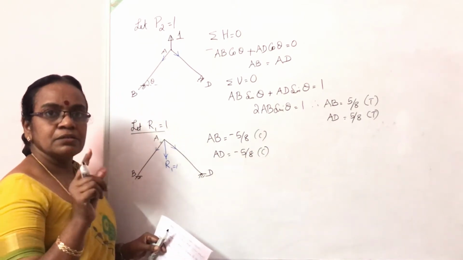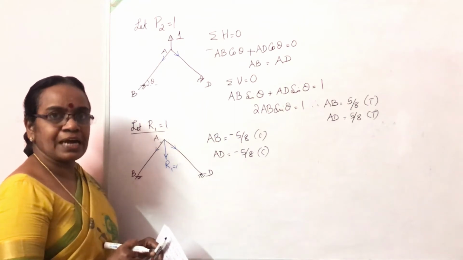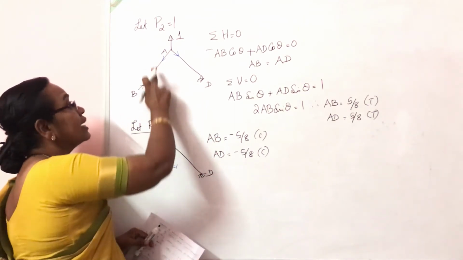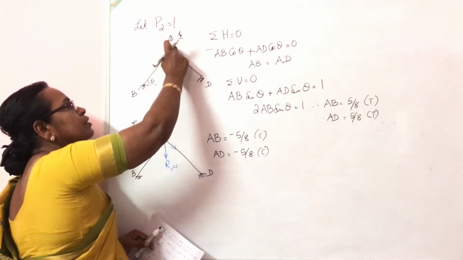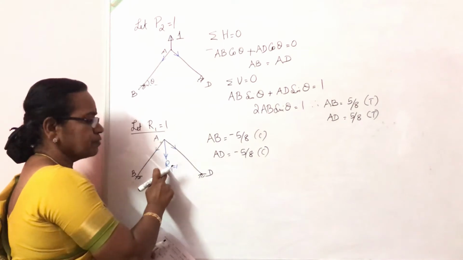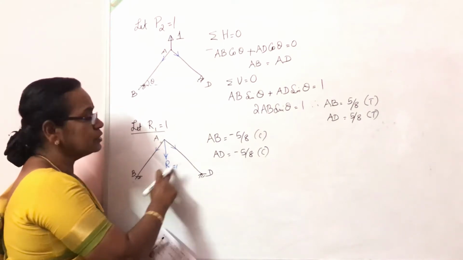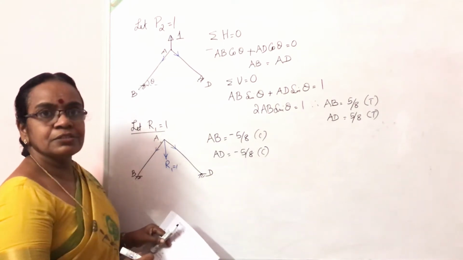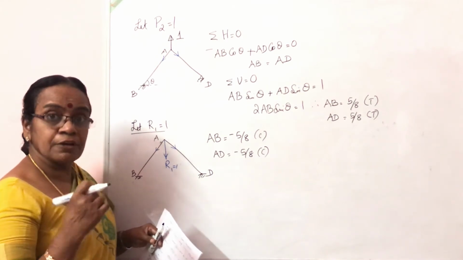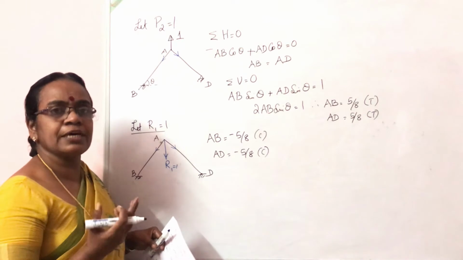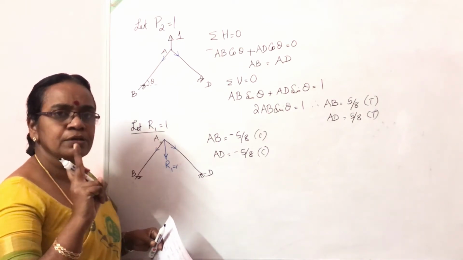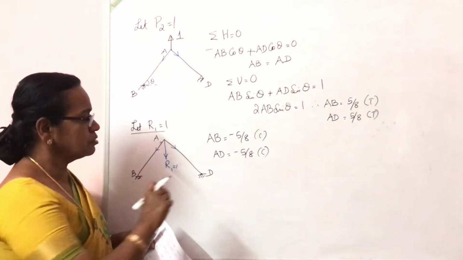I can reduce the numerical calculations by one step, because I have removed a member in the direction of the force. If in that joint the load is acting downwards, these forces will be just the reverse of it. So that is common sense, to release which member. If you can release a member in the direction of the load, if it is possible, we do that so that we can avoid one step of calculation. So this is a hint.